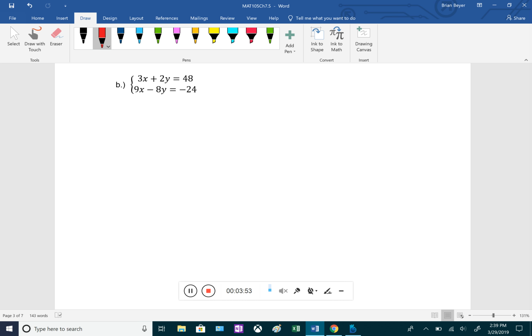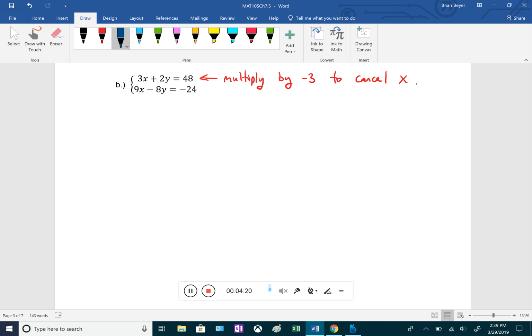If we want to cancel the x variable, we can multiply this first equation by negative 3. That gives us negative 9 as the x coefficient, which will cancel with the positive 9 from the other one.